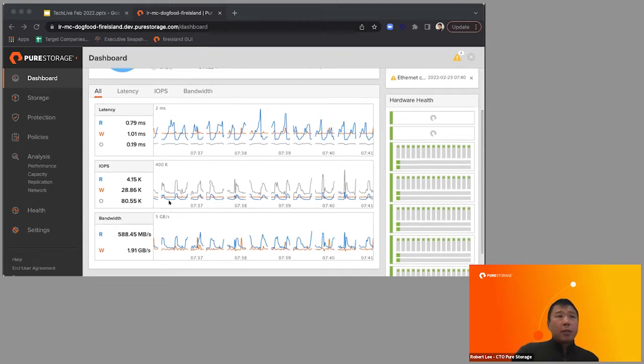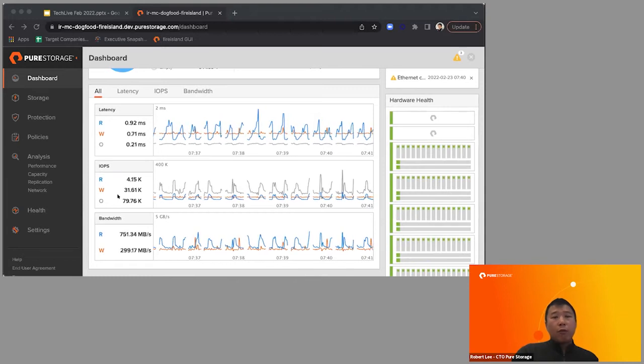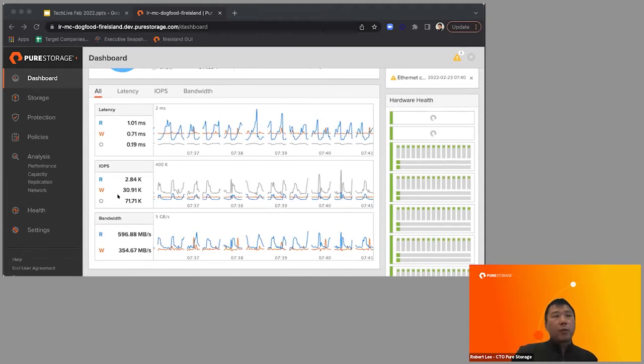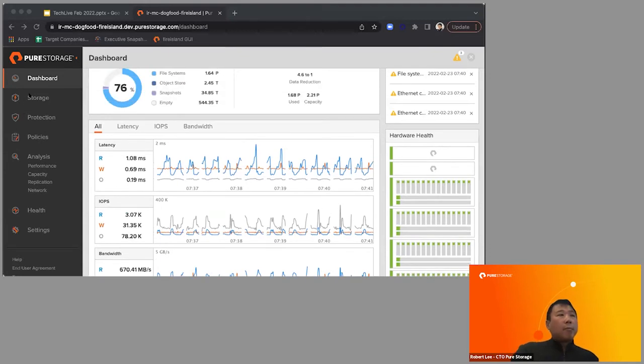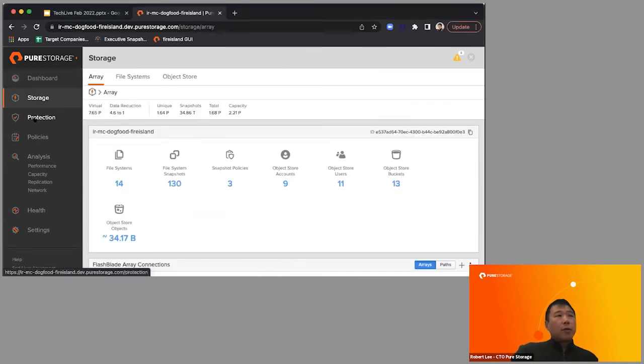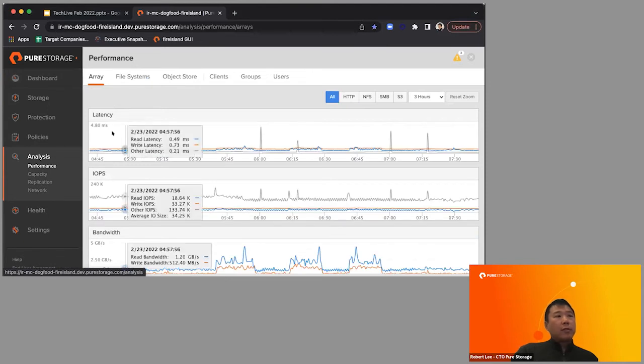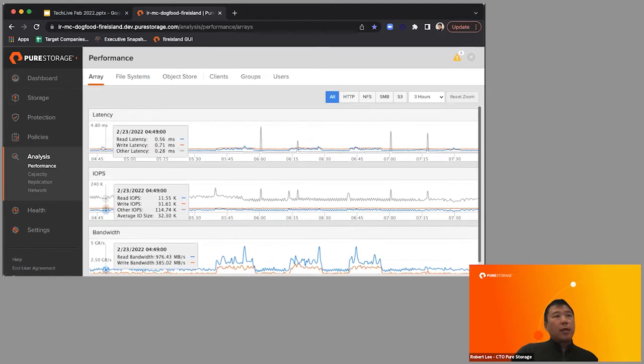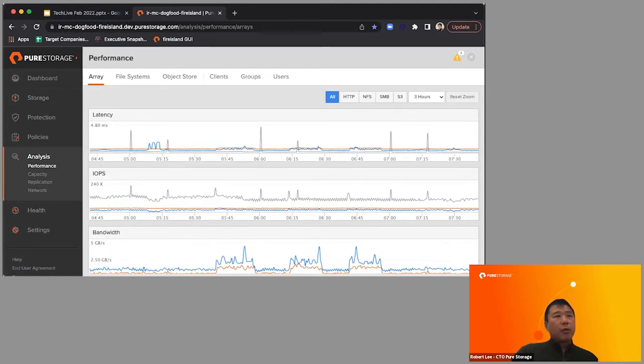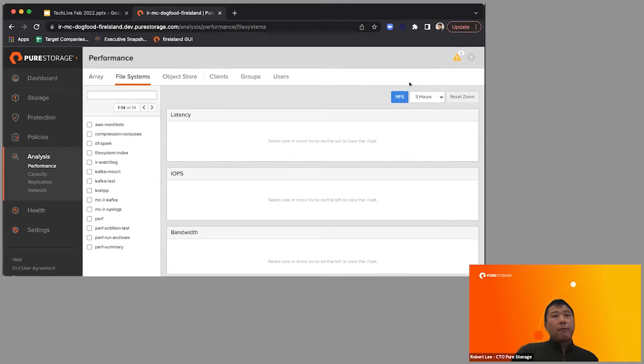On the bottom here, you can see the system level overview of performance, whether that's latency, IOPS, bandwidth. If we dive a little more into the detail on the performance, what you can see is we've got a mix of usage, whether it's file system usage.